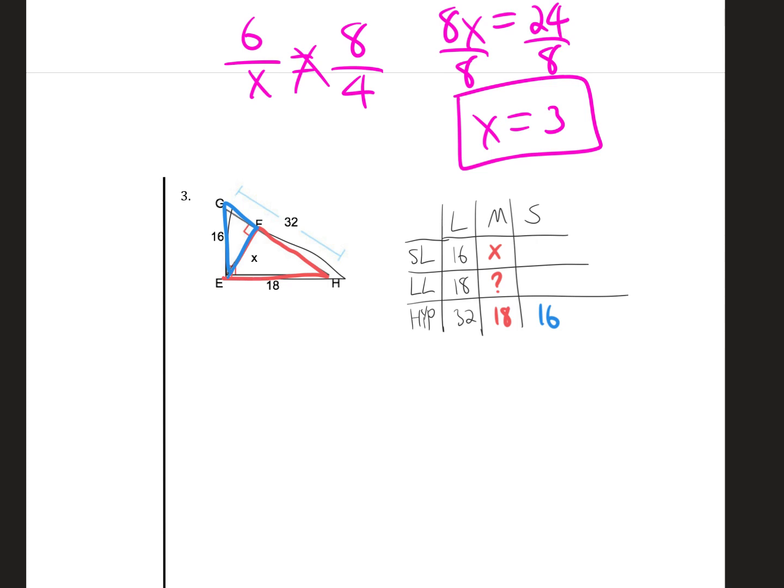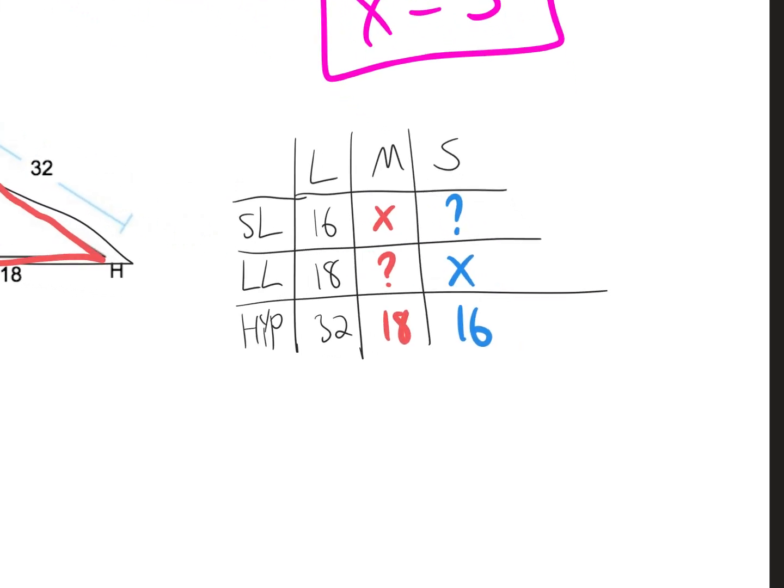All right. Oh, we know that the long leg is x. We don't know this. Okay, so we need a pair of matching sides here and angles. So I'm going to match up short leg to short leg and hypotenuse to hypotenuse.